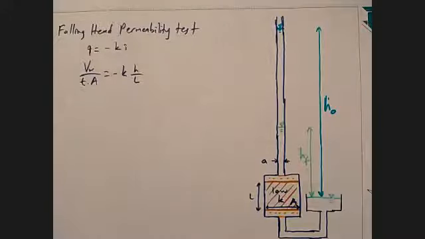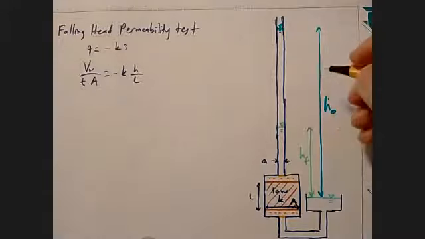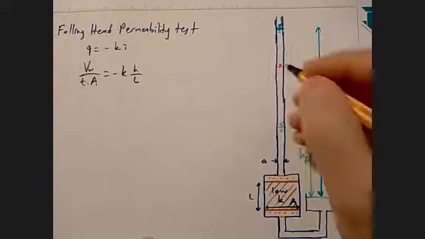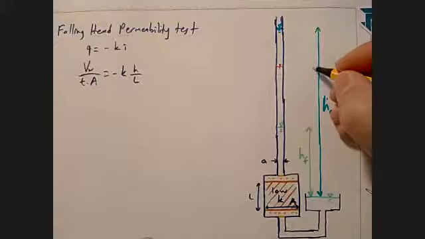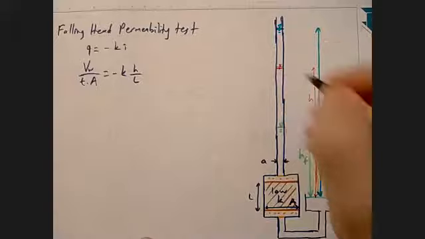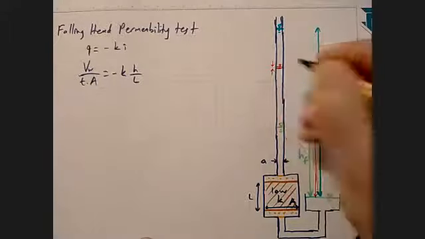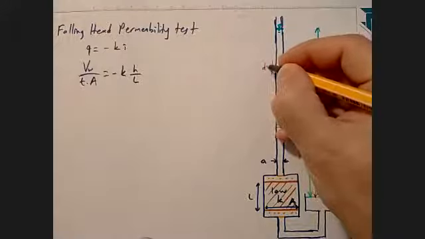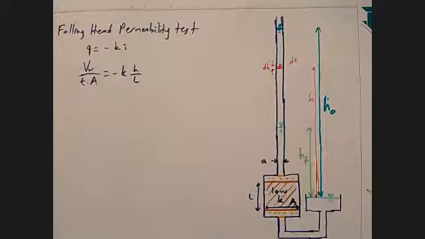But the question is, at any given time, let's say at this level, you have H, and over a time of dt, your level changes by dH, and you have to integrate.